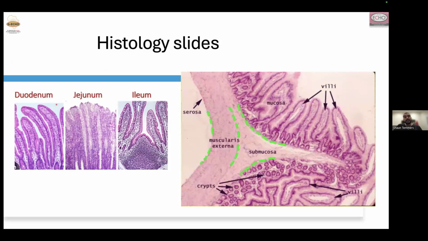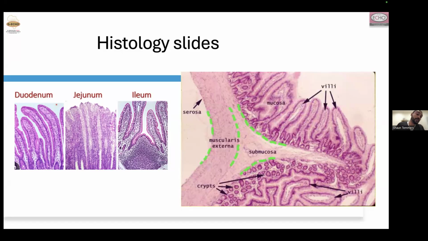This particular slide illustrates the difference in composition of duodenum, jejunum, and ileum. If you look at the first image, which is a high power field, lymphoid tissues stain darker on this PAS stain, and they are higher in concentration in the ileum as compared to the duodenum and the jejunum.